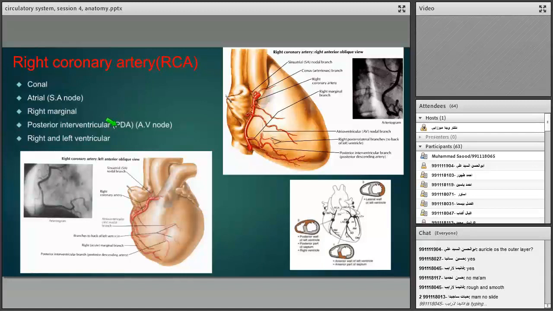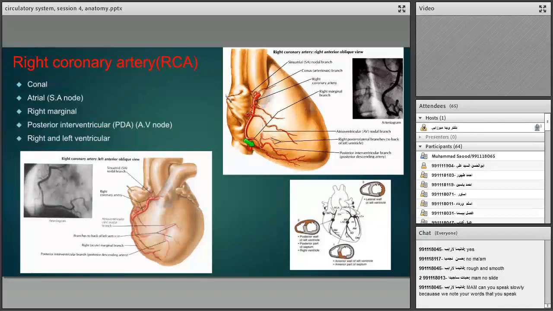Okay? So, that was about the interventricular septum. The right coronary artery is also sending a branch for the AV node. The branch for the AV node, or atrioventricular node, is also branching out of the posterior interventricular artery.